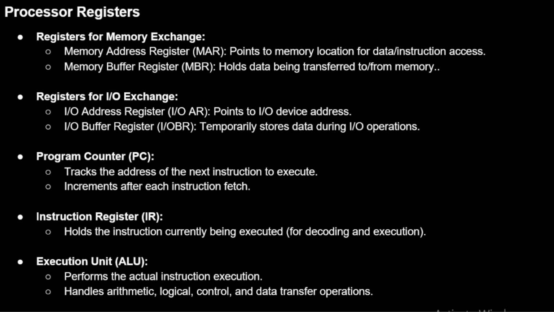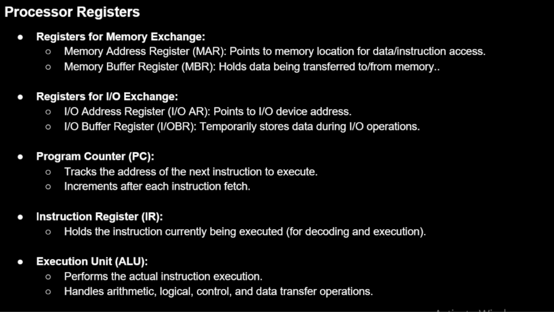The task of the program counter is to track the address of the next instruction to execute. It increments after each instruction fetch. After fetching one instruction, its address will be automatically incremented by 1.